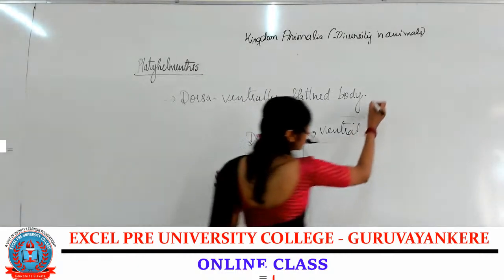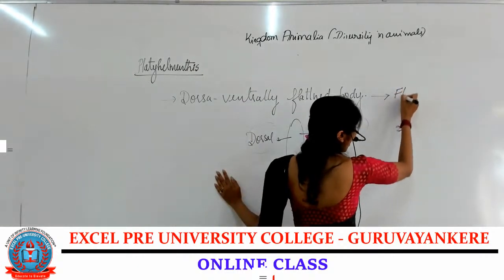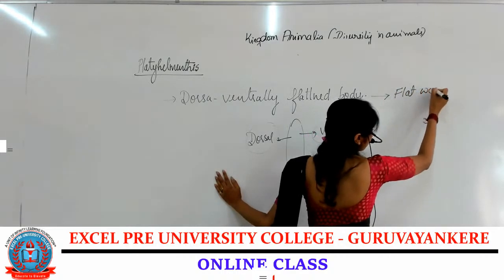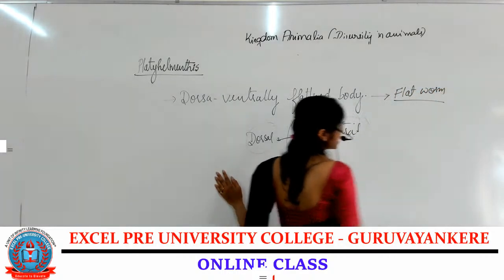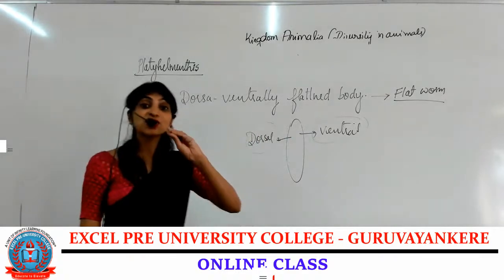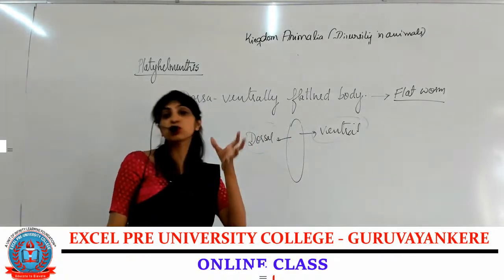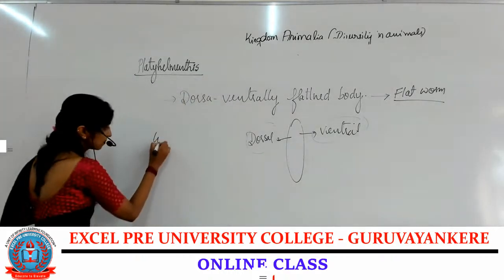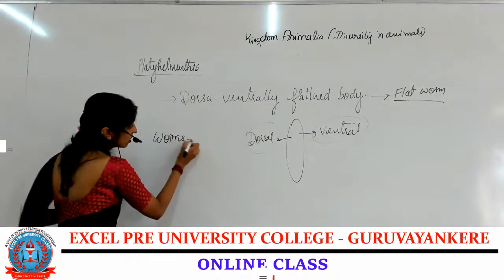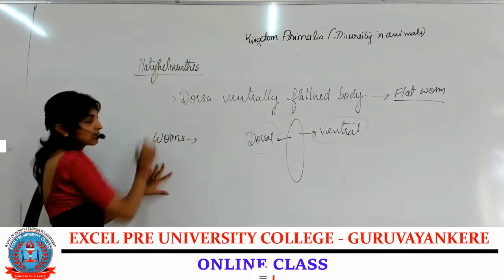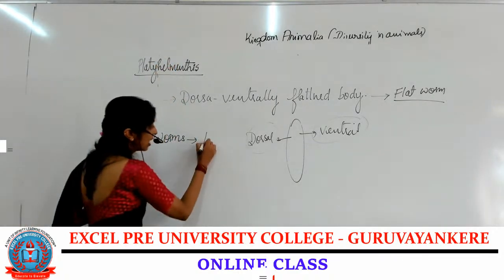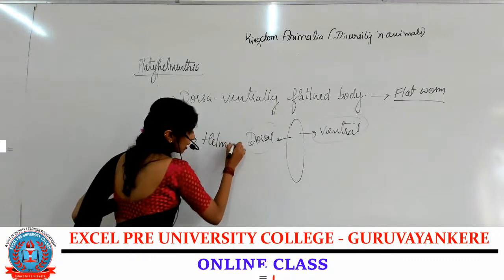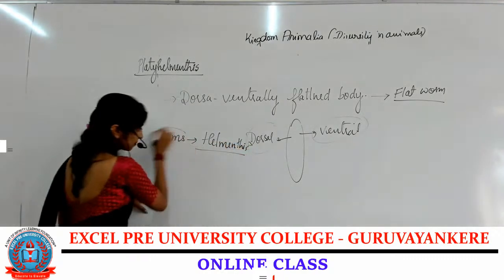That is why they are also called flatworms, and they belong to Platyhelminthes. Generally the organisms belonging to this phylum are worms. That is why they are called helminths. Helminths is nothing but worms.